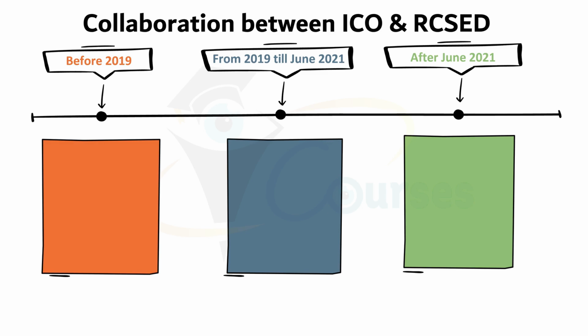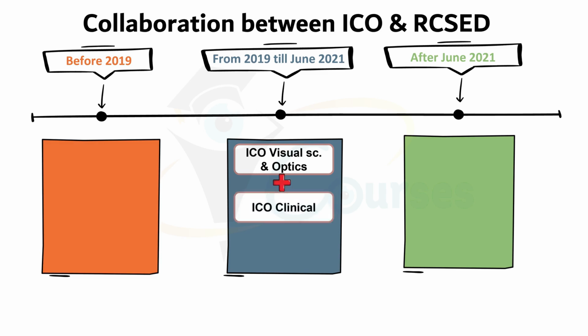So what are the consequences? In the previous slide we discussed if you started before 2019, but what happens if you started from 2019 till June 2021? At that time, the ICO Basic Sciences, now called the ICO Visual Sciences and Optics, and if you cleared it and cleared the ICO Clinical, you will be eligible for membership of the Royal College of Surgeons of Edinburgh, if you cleared only these two exams between 2019 and June 2021.